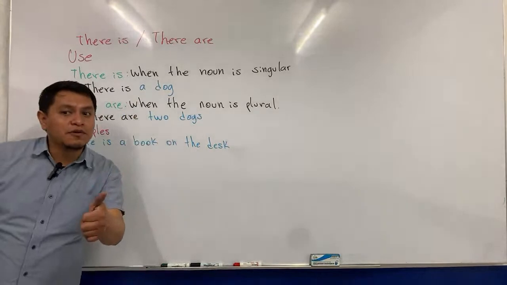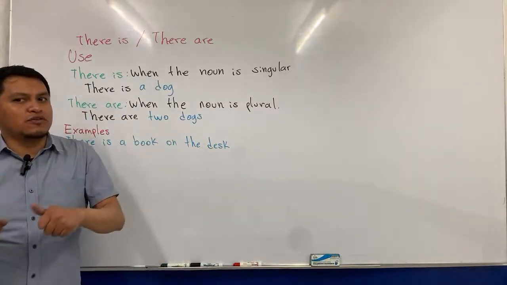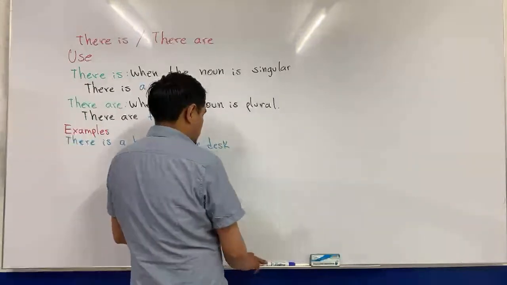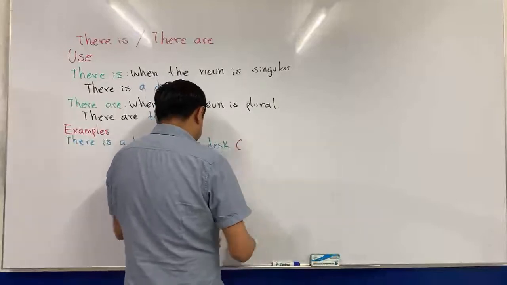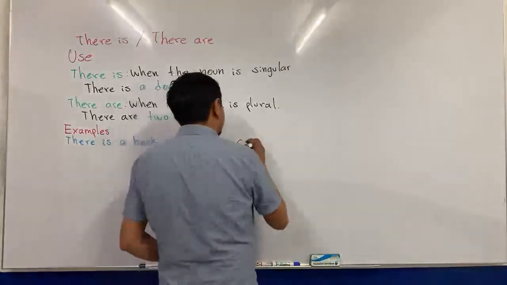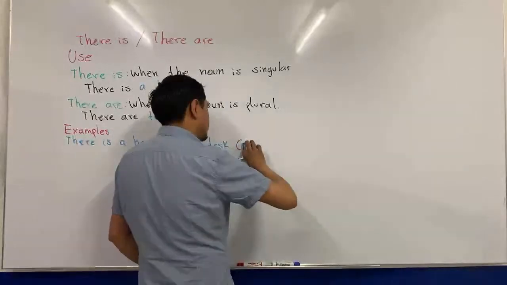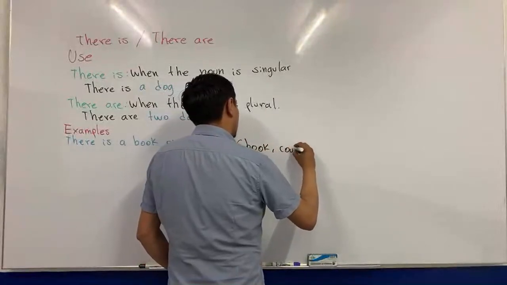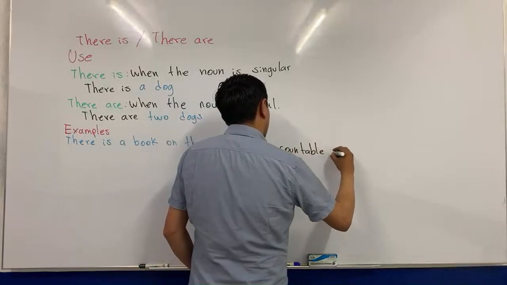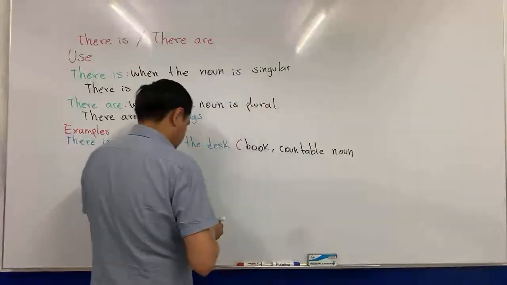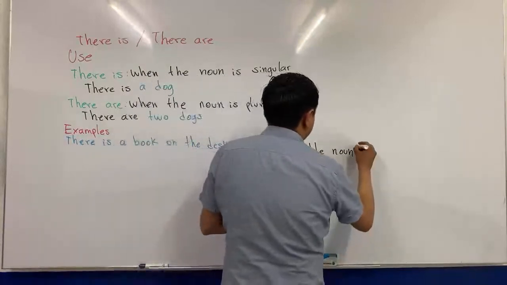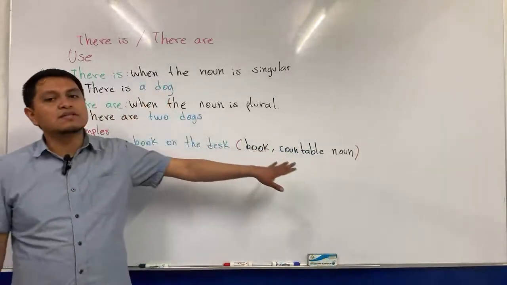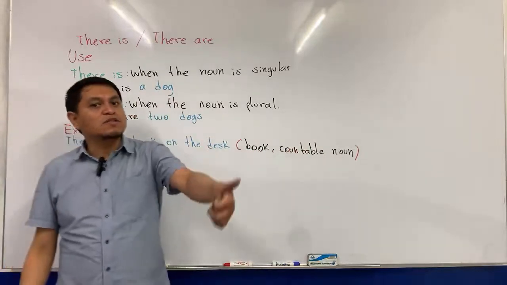Hay un libro en el escritorio. Book, countable noun. Check this: book is a countable noun.